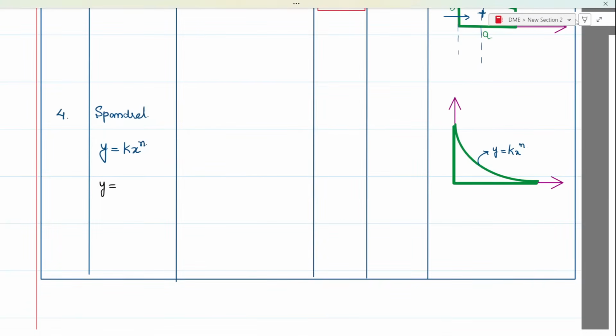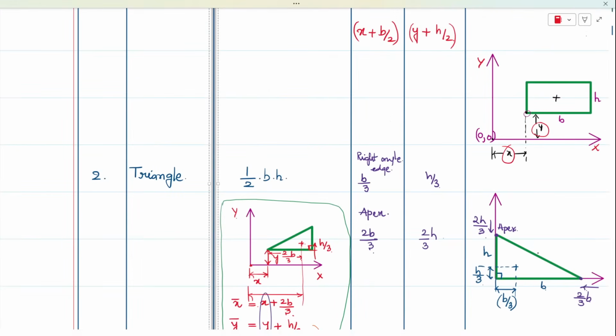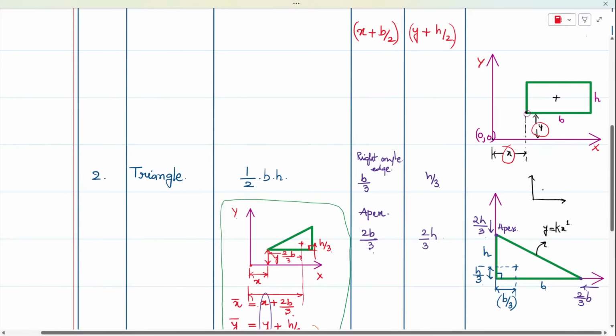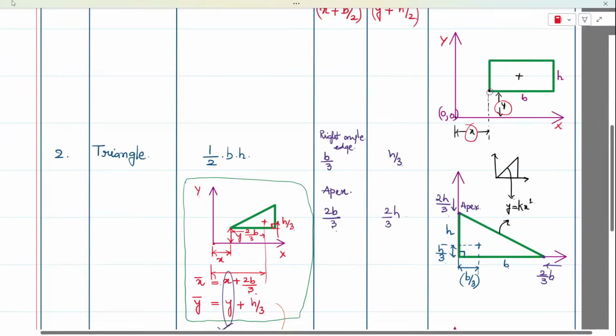If we go back to the right angle triangle, this equation could be expressed as y is equal to kx power 1. But here the triangle has to be like this. Let me correct it. The triangle has to be like this. This line refers to y is equal to kx power 1.